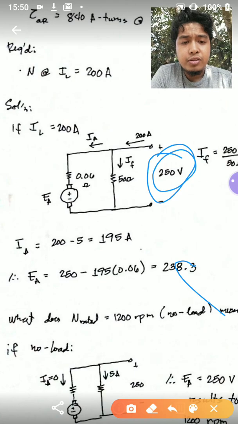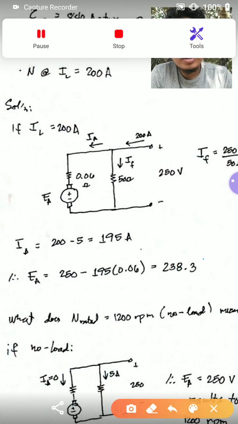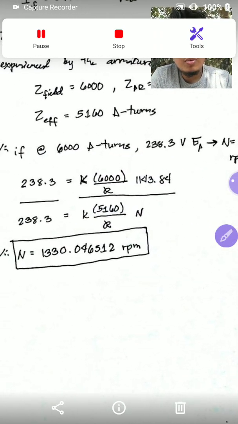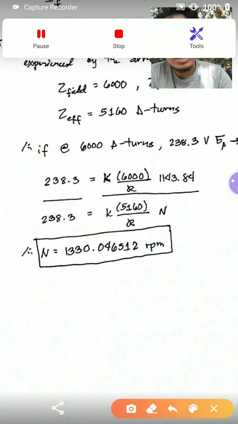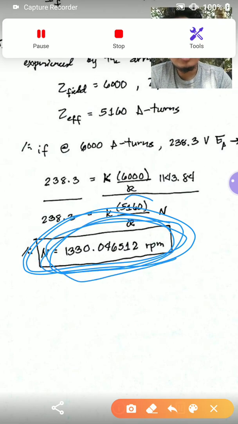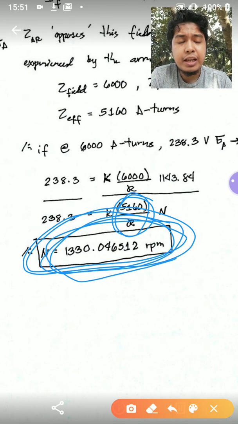Yes, so you want to have this 238.3 here. That's why you want it to run higher, to run faster, because of the lower magnetic field.